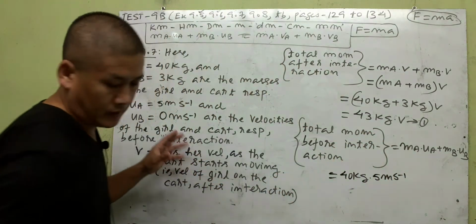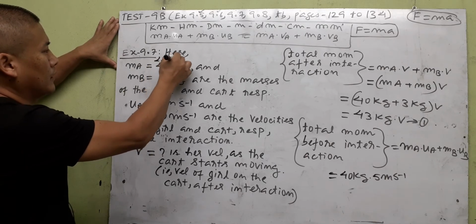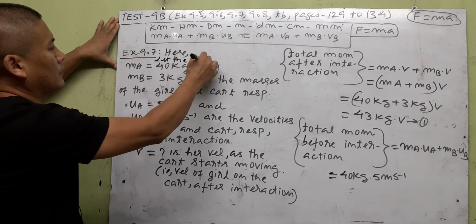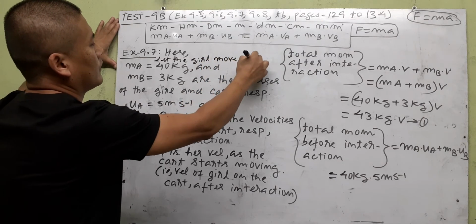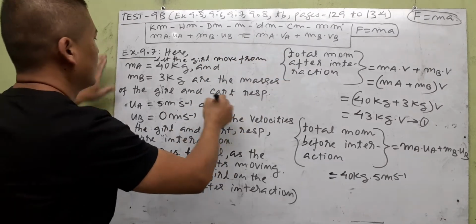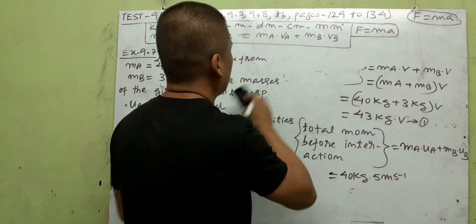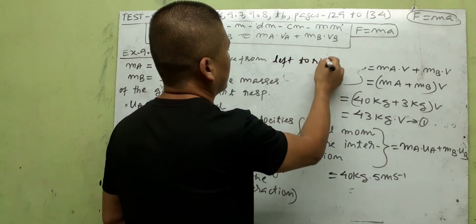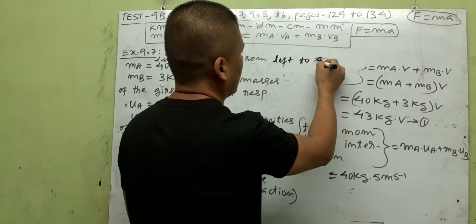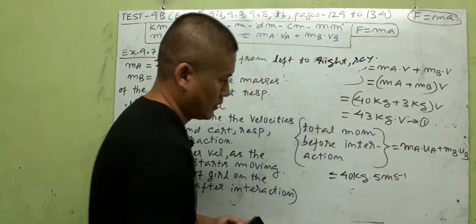Okay, if you want to write properly, then here 40 kg 5 meter per second. Now here I forgot to mention, it's not necessary, but let us do like this. Let the girl move from left to right side. Not necessary, but I like to do like this, that means we're assuming.